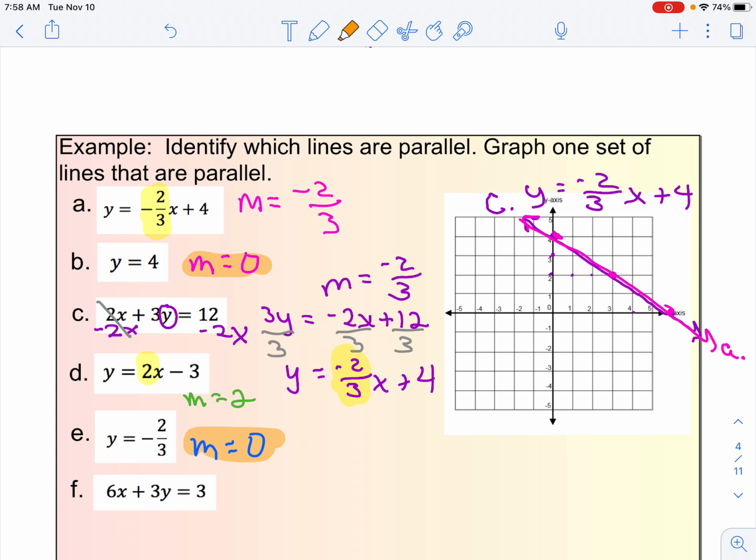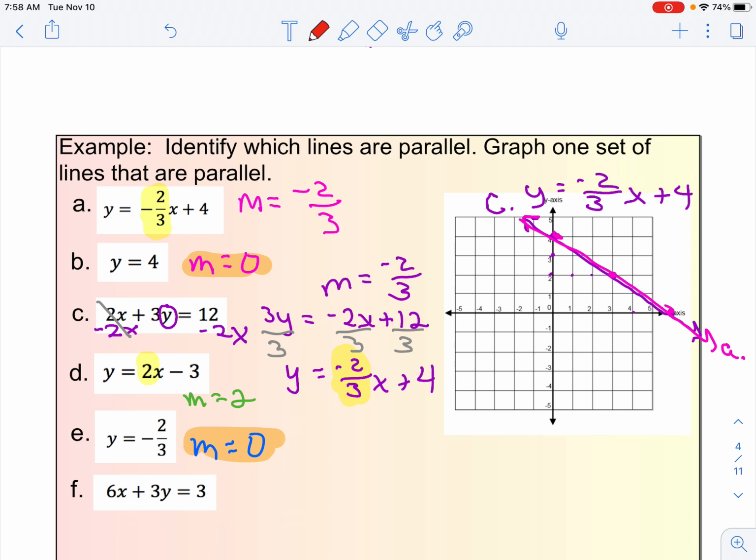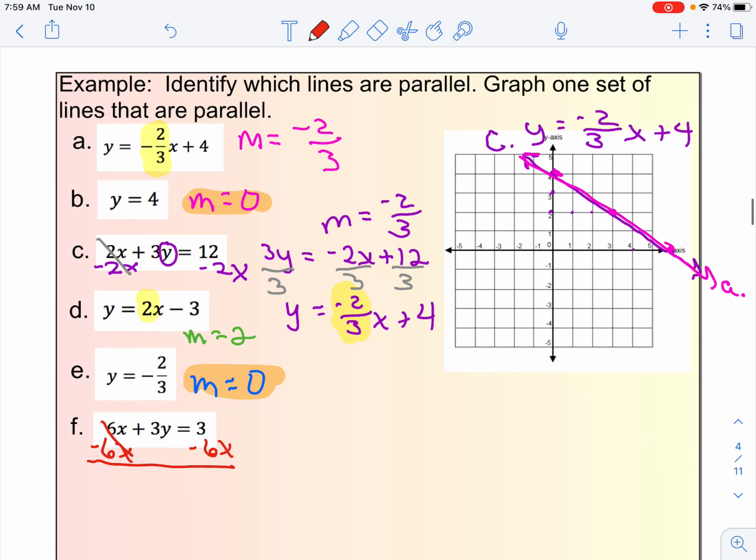And then the last equation, again, you cannot pick out that slope just from looking at the equation. It needs to be in slope-intercept form to pick out the slope. So again, I'm going to get y by itself by subtracting 6x from each side. That gives me 3y equals -6x plus 3. Now I'm going to divide by 3.